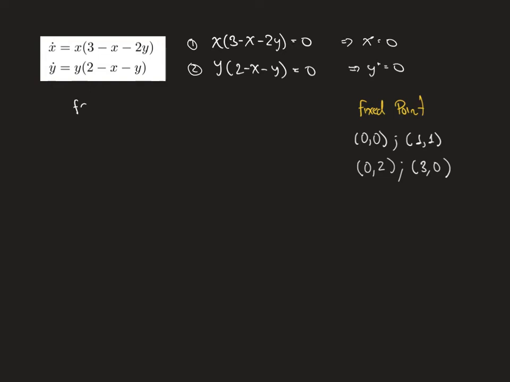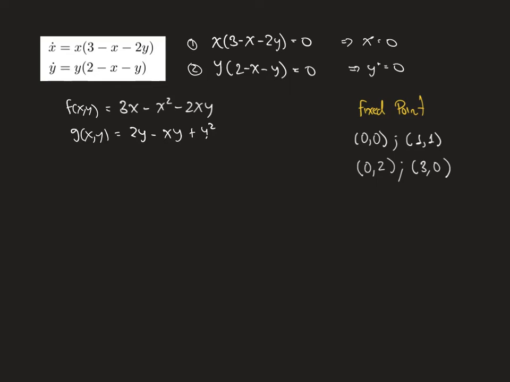So f(x,y) is equal to 3x minus x squared minus 2xy. And we have now g(x,y) is equal to what? 2y minus xy plus y squared.